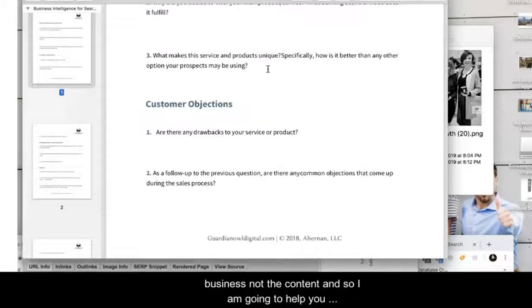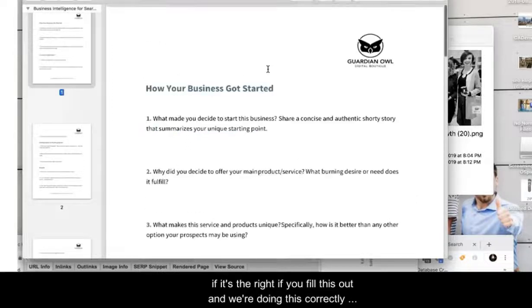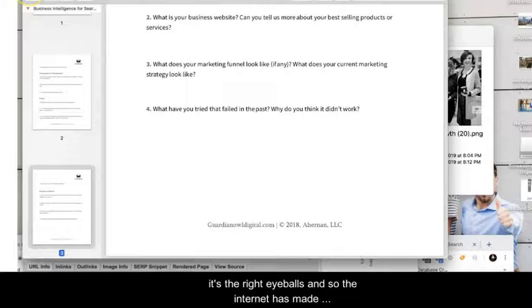I am going to help you reprioritize every single day what to focus on from a website perspective that will help you drive more visitors and more eyeballs to your website, which, if you fill this out and we're doing this correctly, will be the right eyeballs. The internet has made consumers super educated and allowed them to do all the research prior to even submitting a lead.